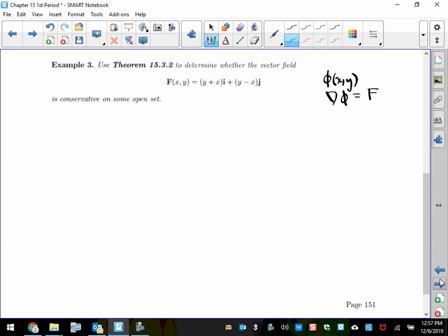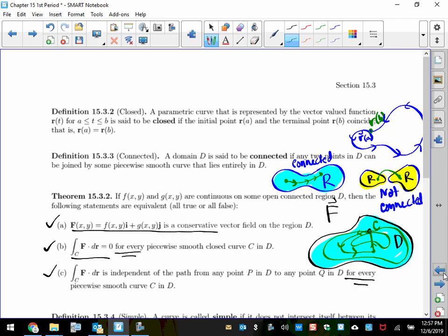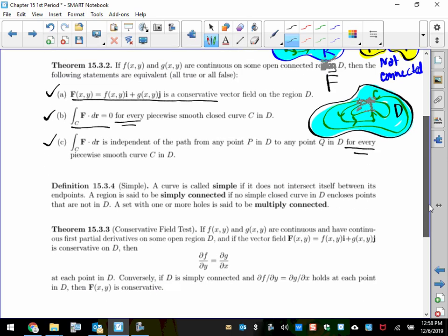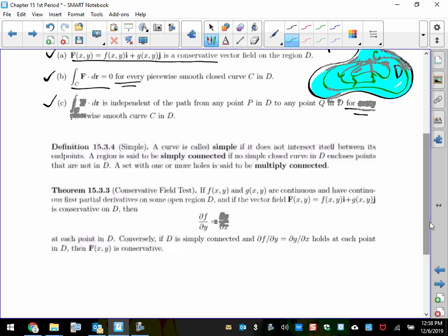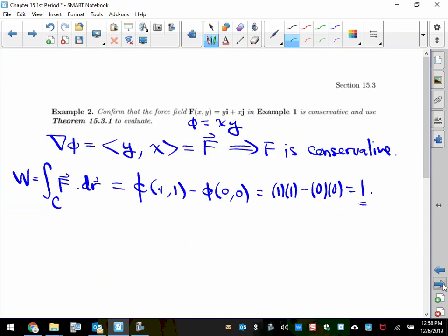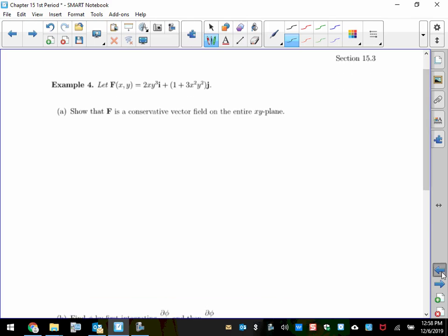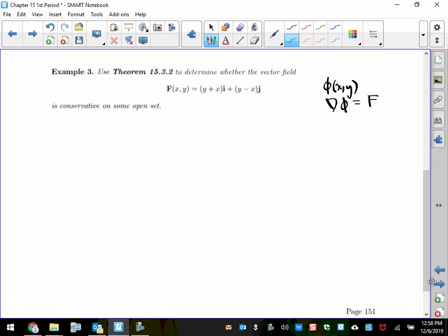Am I missing something? Let's see, Theorem 15.3.2, that's what we just read. I think I've misnumbered my theorems here, because you can't show conservative field based on theorem 15.3.2.